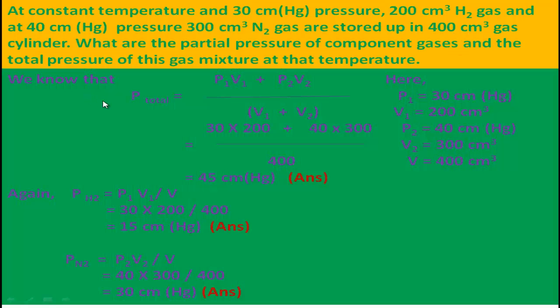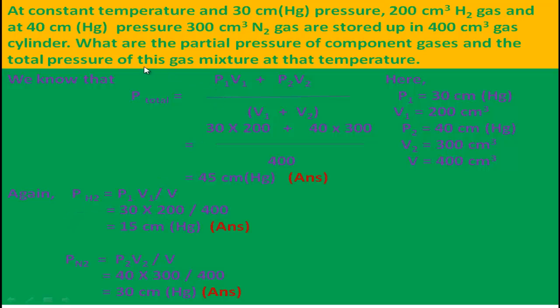Follow the solution. You know the formula: (P1V1 plus P2V2) divided by V, but here V1 plus V2 is not used. Actually the total volume will be V, and that is 400 centimeter cube. So now you can easily calculate the total pressure, and the partial pressure you can determine like this way.